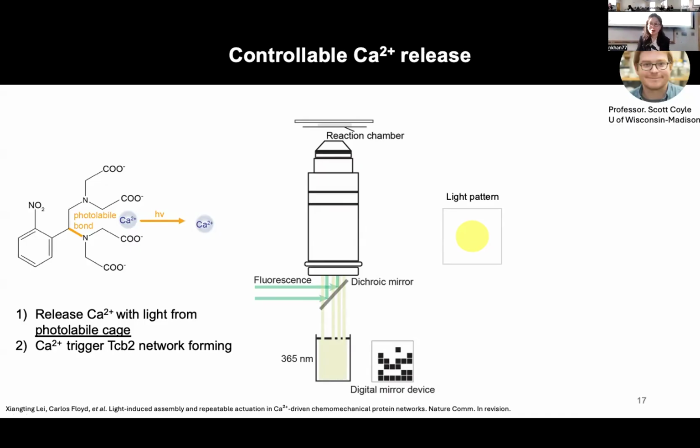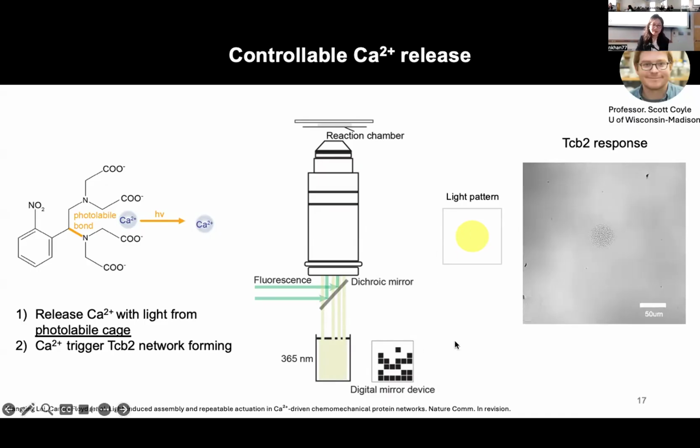Right now, let me show you the interesting part. I'm going to give a light pattern of a circle here, and what you're seeing is how the TCB2 system responds to the light pattern shown from the digital mirror.